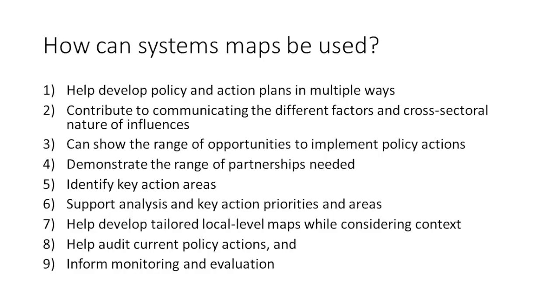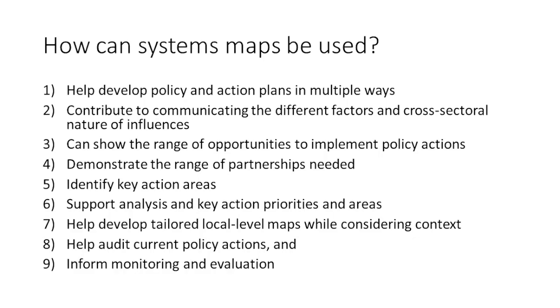They could support analysis and identification of key areas and priorities for action. They could support the development of tailored local level maps that include important contextual information. And they could help audit existing policy actions or plan new ones and inform monitoring and evaluation.